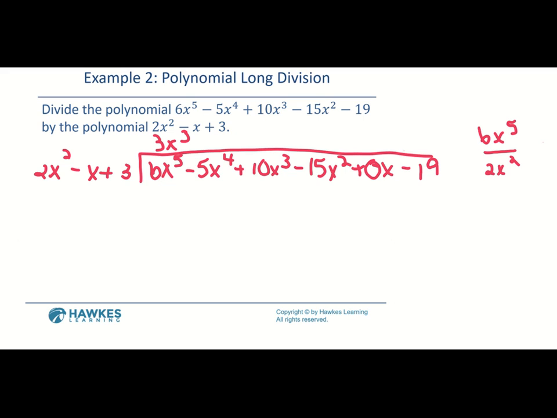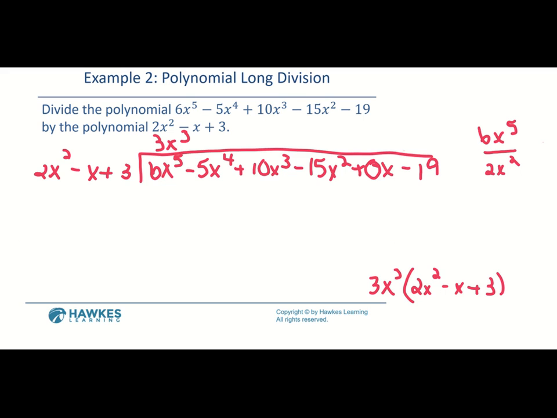Okay, now we are going to multiply. So I'm going to do 3x cubed times 2x squared minus x plus 3.